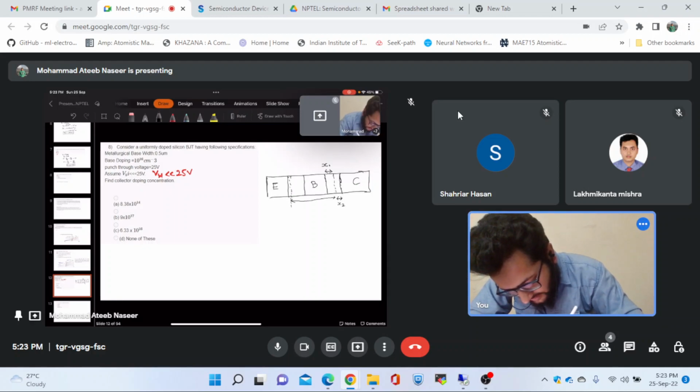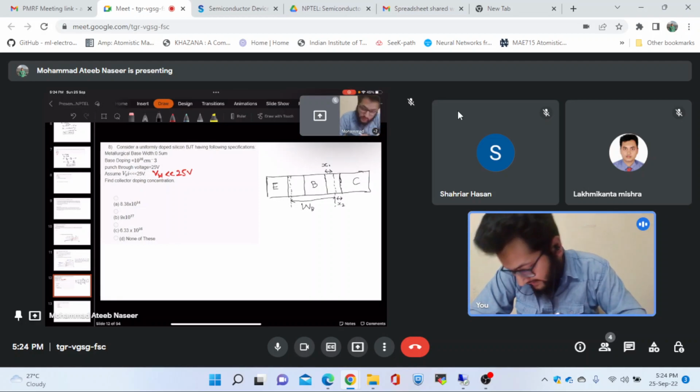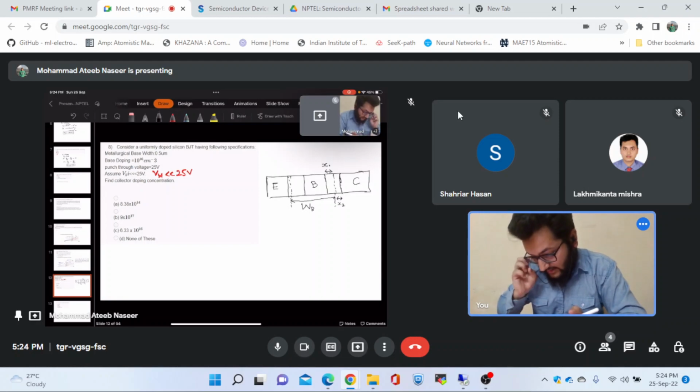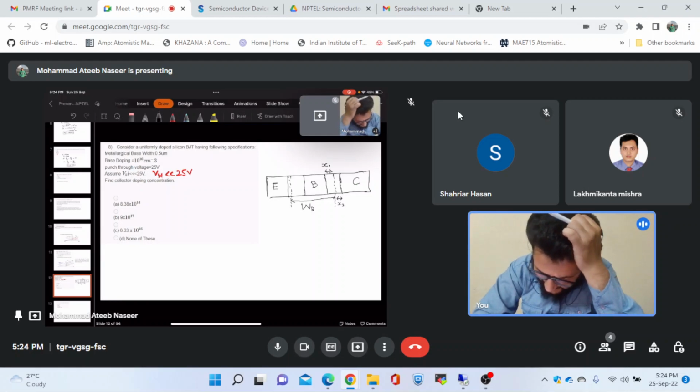Starting from here, if this is the WB, this base width is equal to 0.5 micrometer. So we know this space charge region will extend into the base and also into the collector.